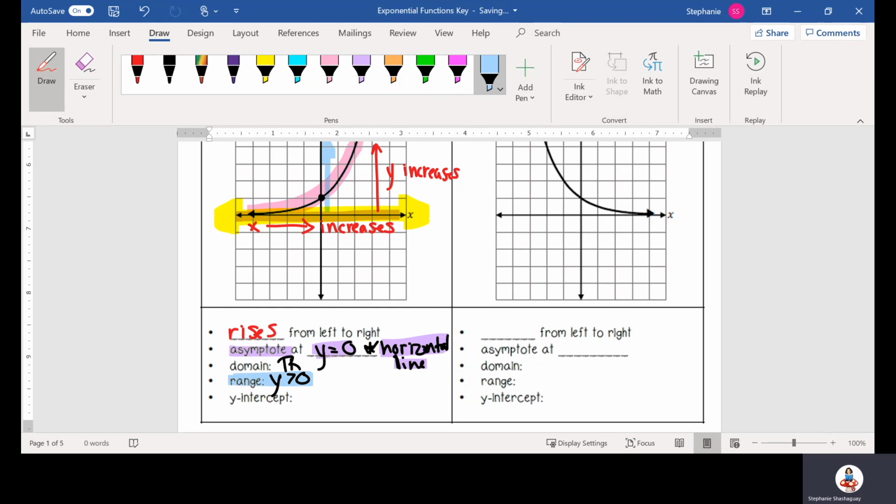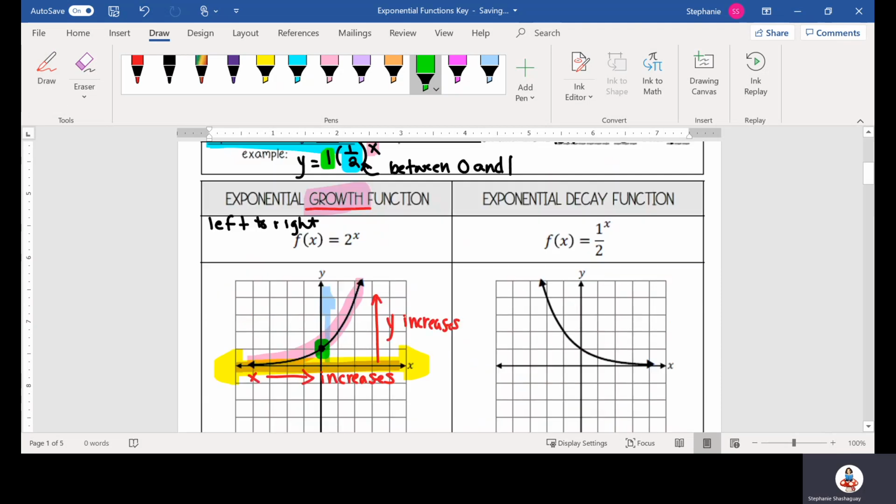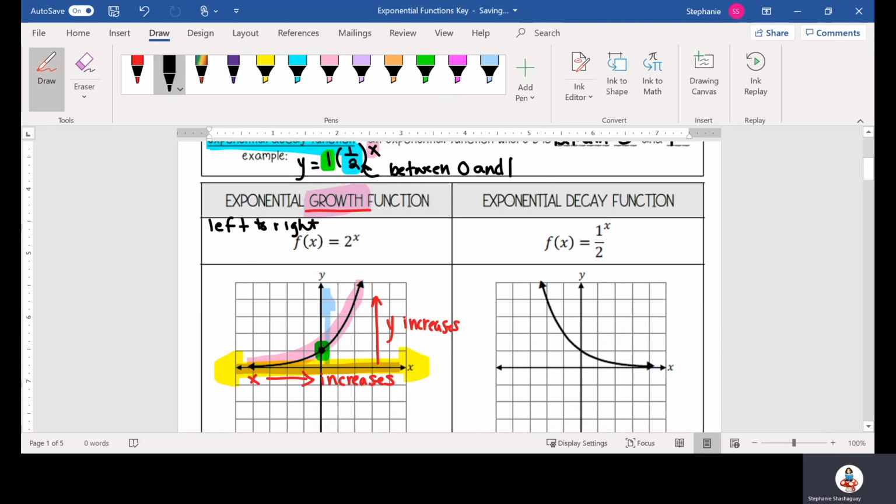And then we have our y-intercept. And our y-intercept is going to be 1. And you can tell that because, and I'm going to scroll back up, when we're looking at this function, we should really think of this as f of x is equal to 1 times 2 to the x power.